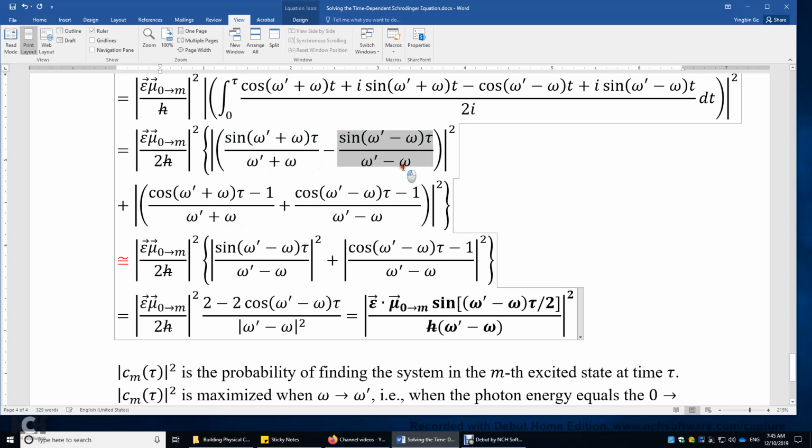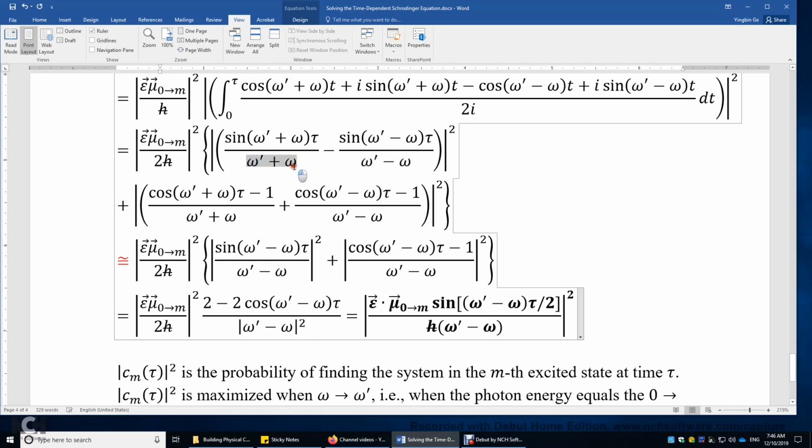And then if you look at these two terms, and if you carefully choose a photon with the same frequency as the frequency that corresponds to the energy gap between the ground state and the mth excited state, these two may cancel. And then that means this denominator can be much, much smaller than this denominator.